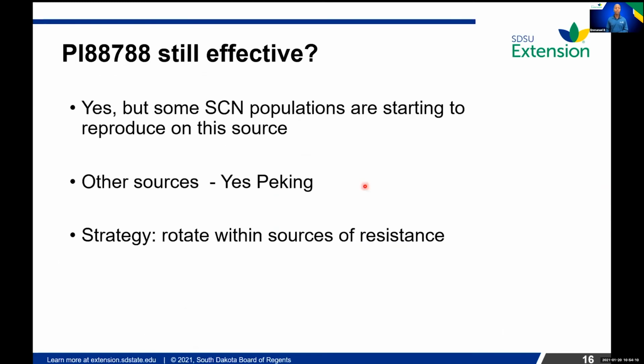So quickly looking at some of the ways we can manage SCN, we can use resistance. We have commercial soybean varieties with SCN resistance, but as we may know, the majority of this resistance is coming from PI 88788.